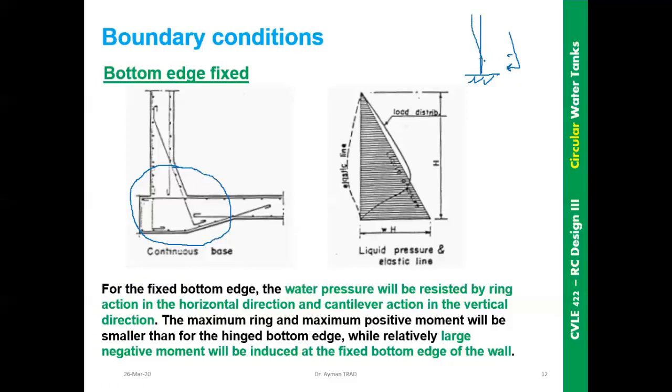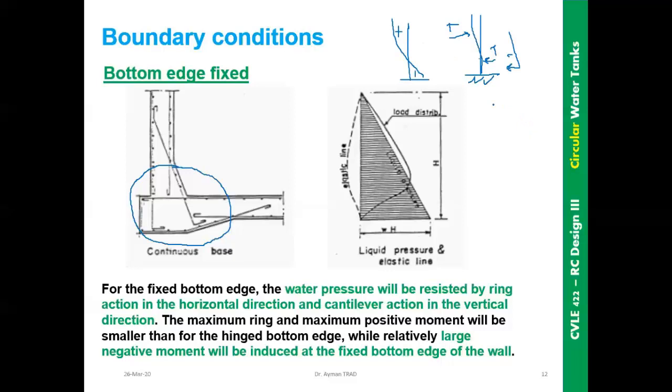So هون حيكون في عندي tension inside، tension inside، وهون في tension outside. هالتنشن اللي هي هون inside حتعطينا bending moment diagram بهالشكل negative بعدين positive.